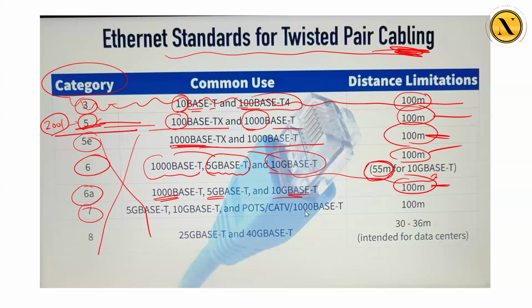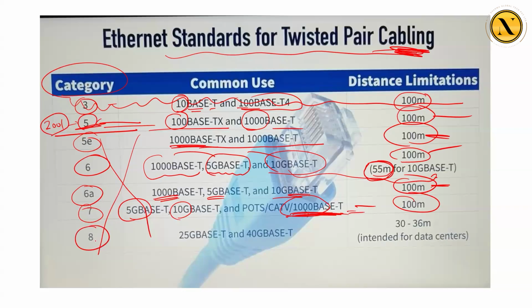Then came the category 7 standard. Maximum again goes up to 100 meters, but the speed supported is 5G, 10G, and even 1000 Base-T, which is gigabit only.